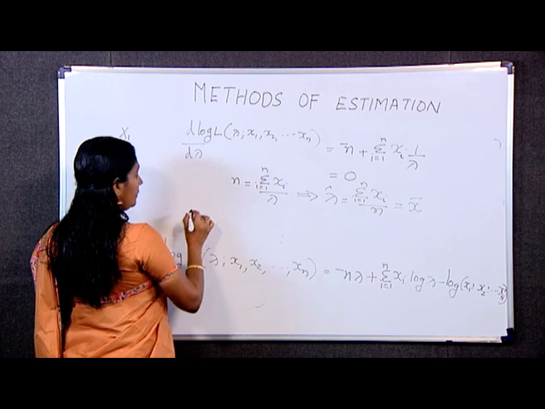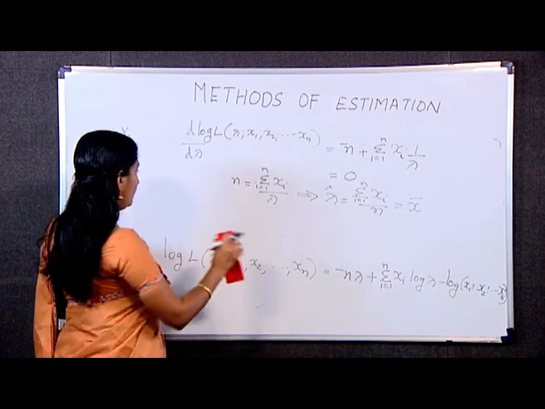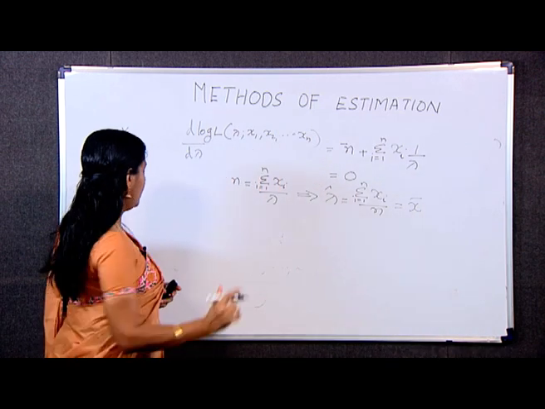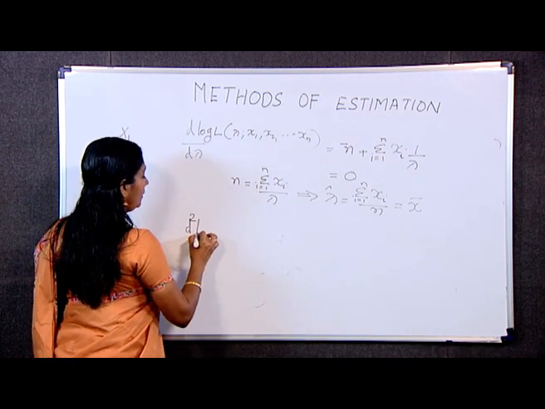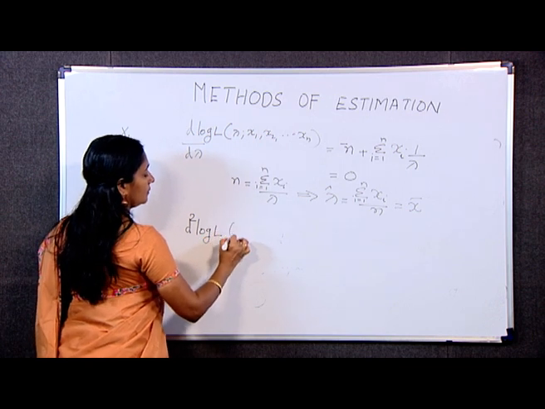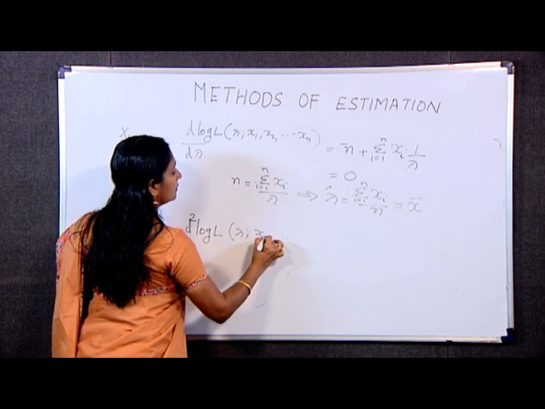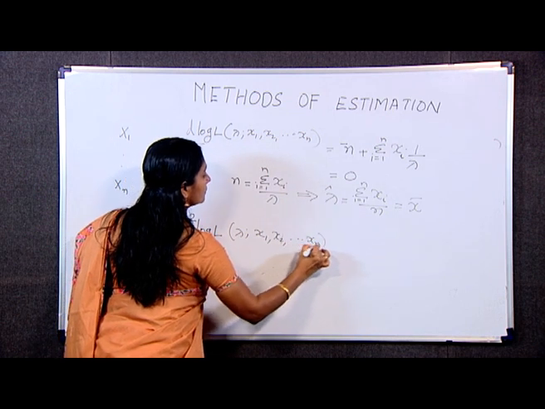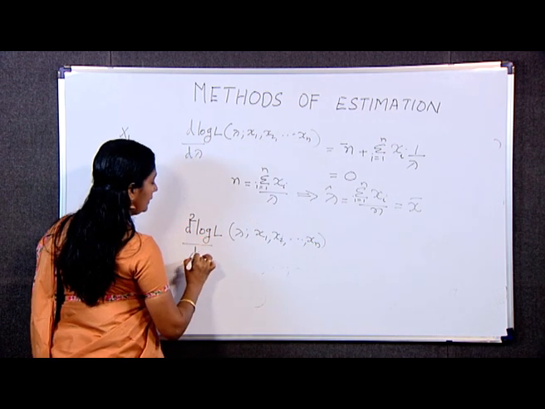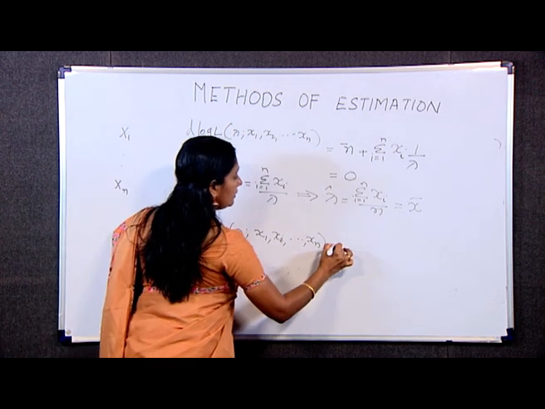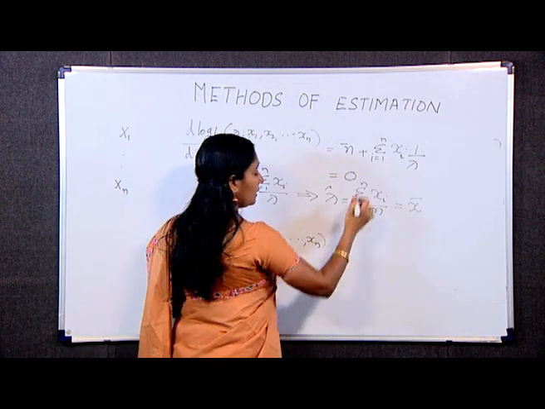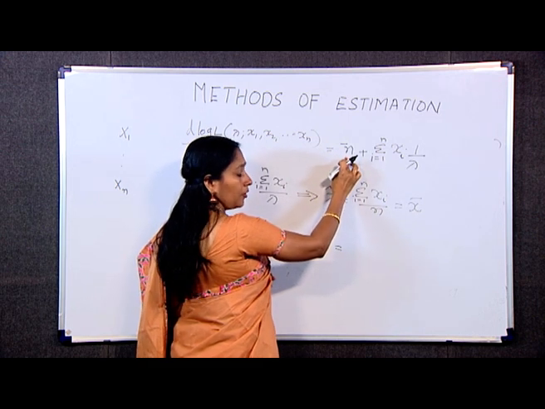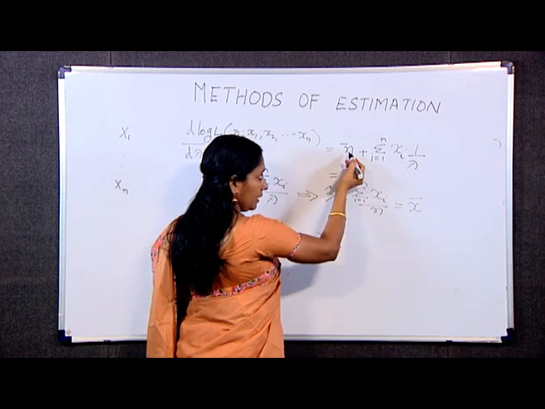Now, check the sign of the second order derivative. Here d square log L by d lambda square is equal to, here the first term does not contain the parameter lambda, so its derivative is 0.